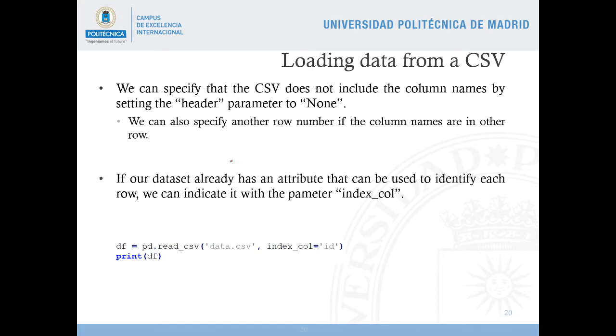Seems to me that the number after header is the line that will be used for column names. Yes, but when you specify 0, let me check. And column names are inferred from the first line of the file.